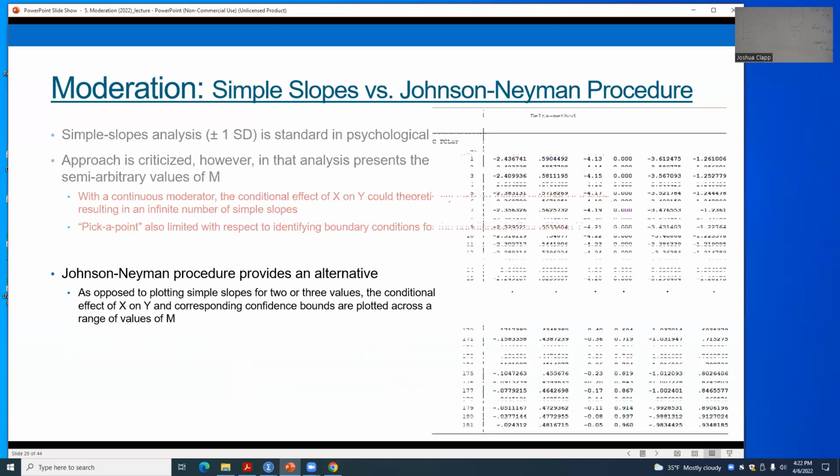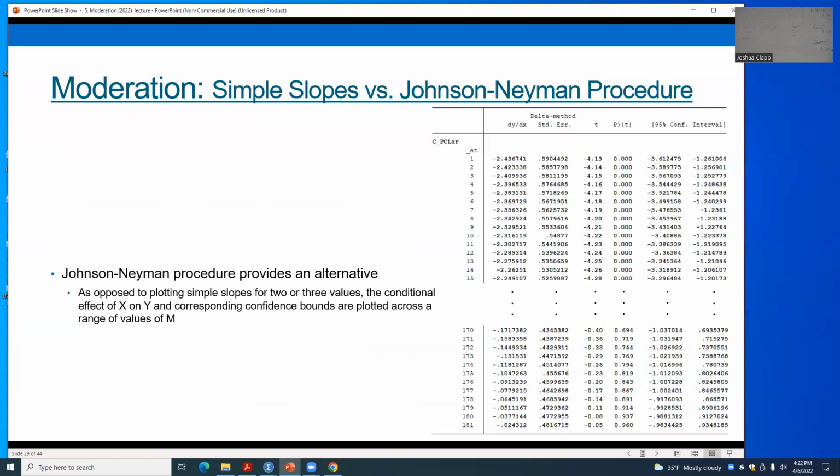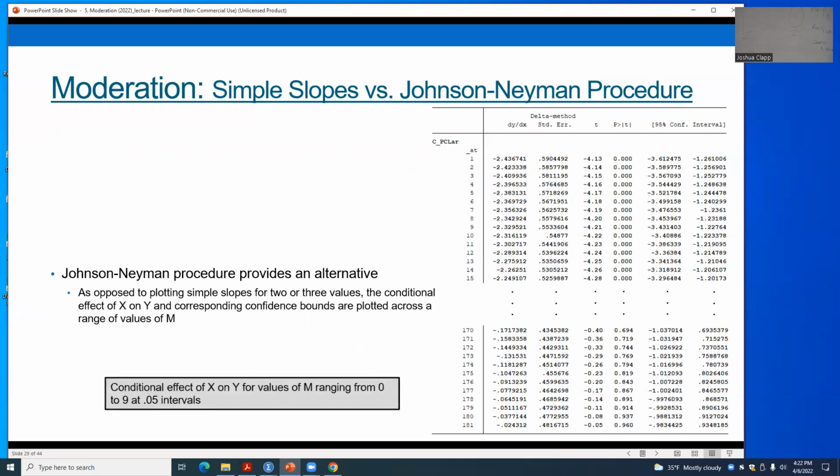Okay. And so what we do is, this is stuff I've set up in Stata. And give me iteratively the conditional effect of X on Y for values of my moderator from 0 to 9 at 0.05 unit intervals.